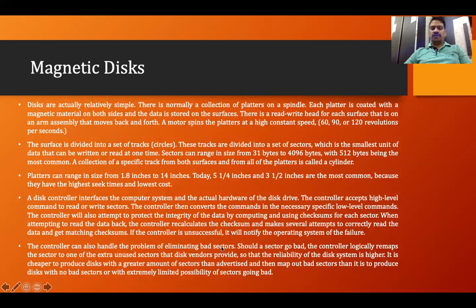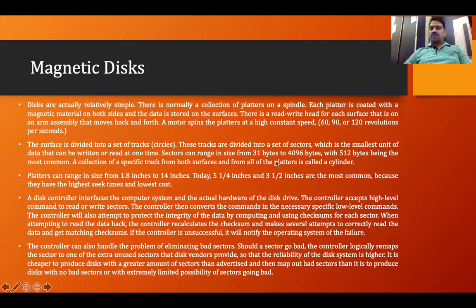And we know that we are not going to use that particular sector to store data further. So that's why it is very useful to divide the whole platter into tracks and the whole track into sectors, so that the sector is the smallest unit of storage that we can use.